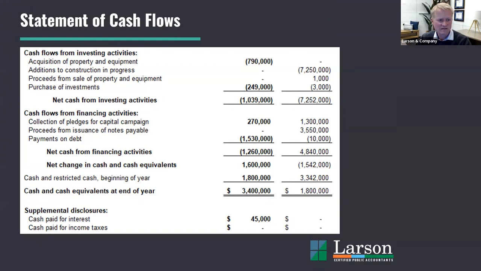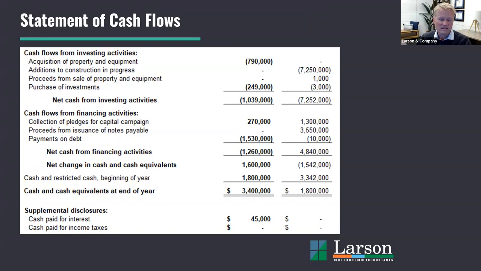The financing activities will typically include, if you have a capital campaign going on, and this example does have a capital campaign, your collection of pledges for capital campaigns. Anytime you have debt, the proceeds from issuing that debt are a financing activity, and the payments made on your debt are a financing activity.